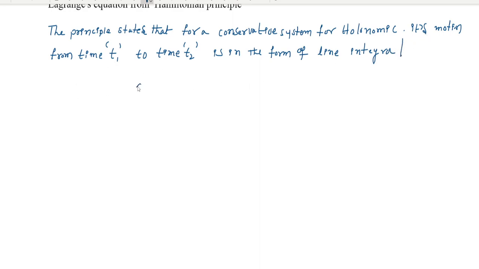So I'm going to define that one as S equal to integral t1 to t2 L dt. Okay, so this is equation number 1.